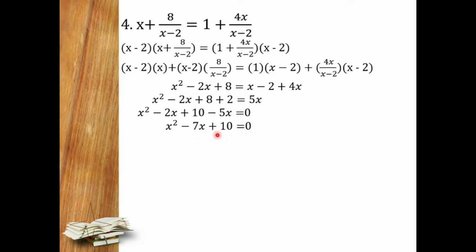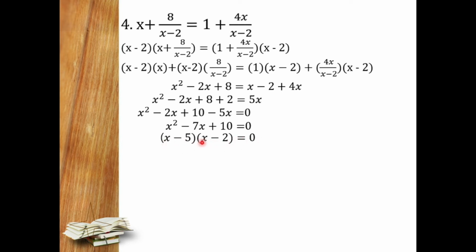Kasi eto din, okay, yung product natin, yung last term natin is positive. So, what are the factors of x squared minus 7x plus 10 is equal to 0? We have x minus 5 times x minus 2 is equal to 0.